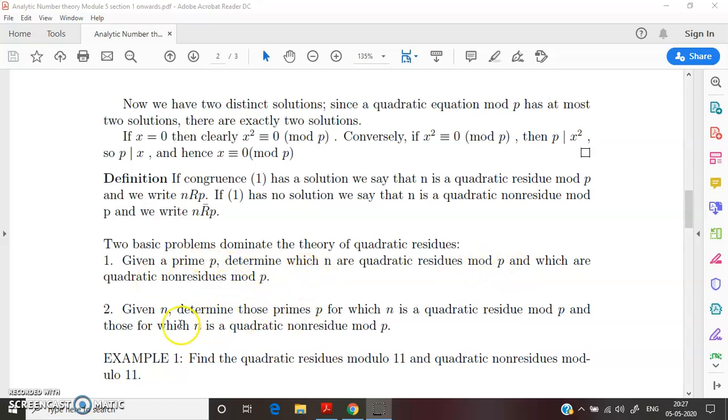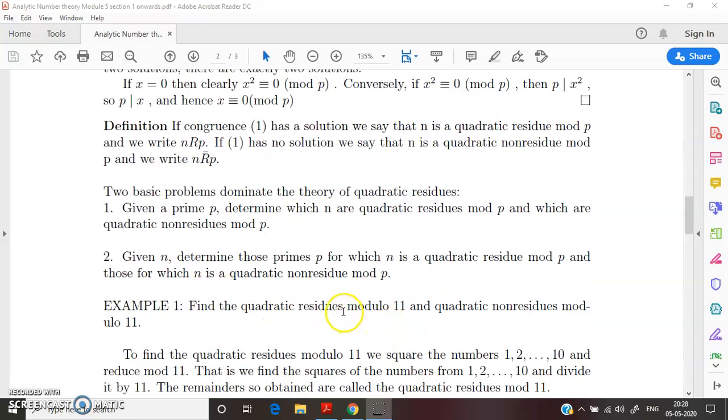And another question is that given n, determine those primes p for which n is a quadratic residue mod p and those for which n is a quadratic non-residue mod p.